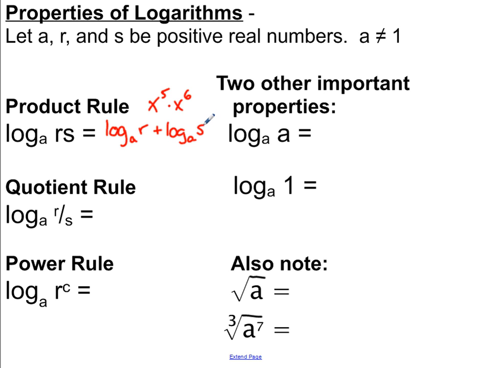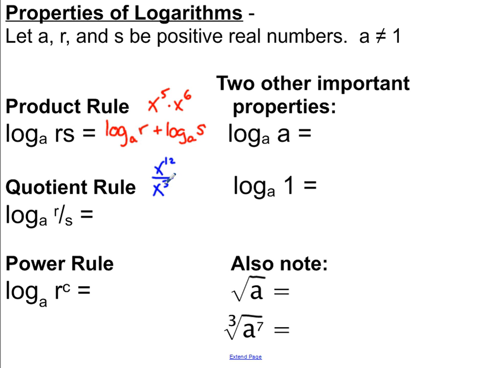Now I know right now, so far, it doesn't make sense to you. That's okay. We'll work with it. Okay? It's not going to make sense quite at first, but you can see how it's analogous to the product rule with exponents. Think about our quotient rule with exponents. Got something like this: x to the 12th over x cubed.